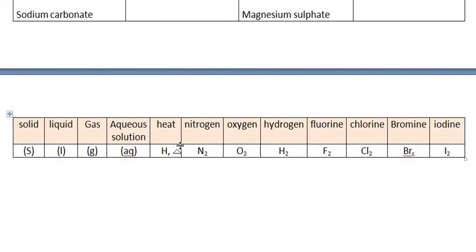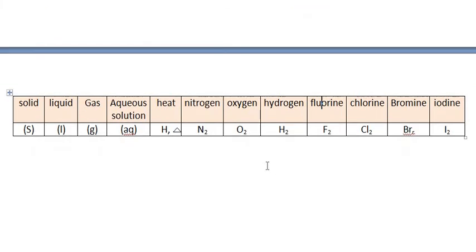These elements, starting from nitrogen to iodine, are called diatomic molecules. These are their symbols, these are their formulas when they are in the pure state without reaction.